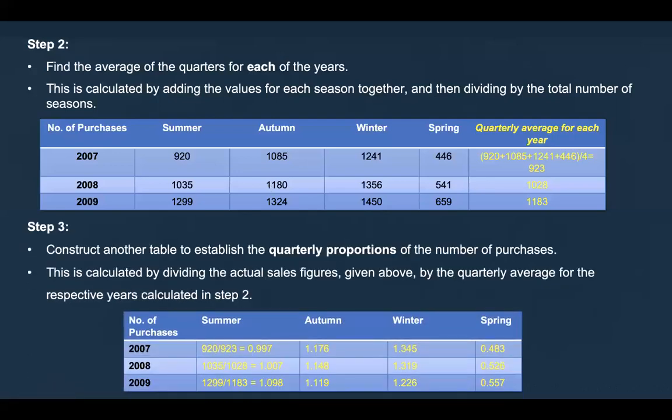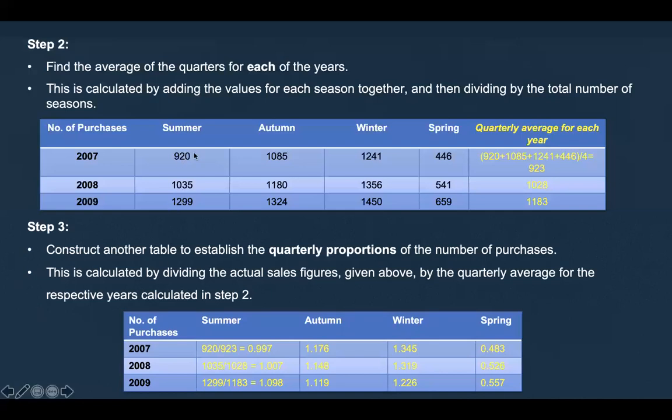Then we can construct another table to establish the quarterly proportions of the number of purchases. This is calculated by dividing the actual sales figures, which are given above, by the quarterly average for the respective years, calculated in step 2.